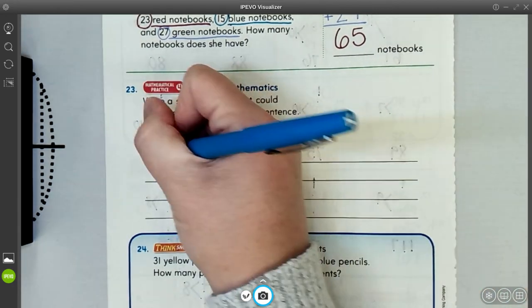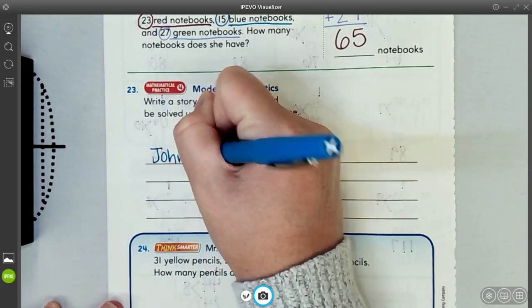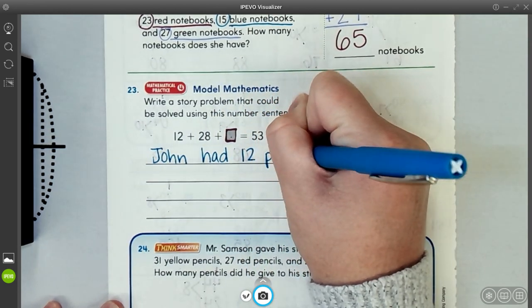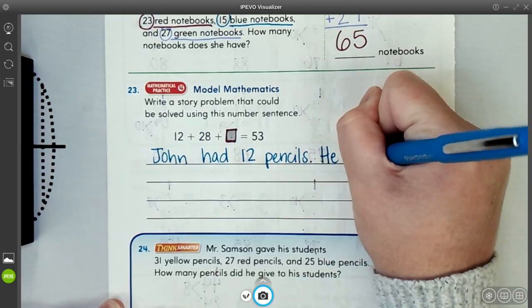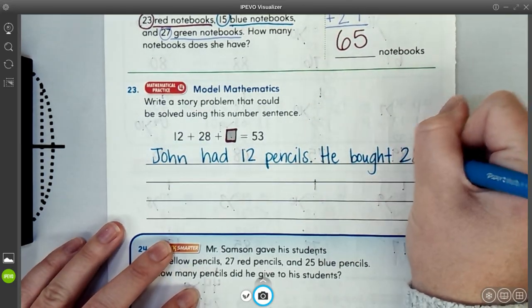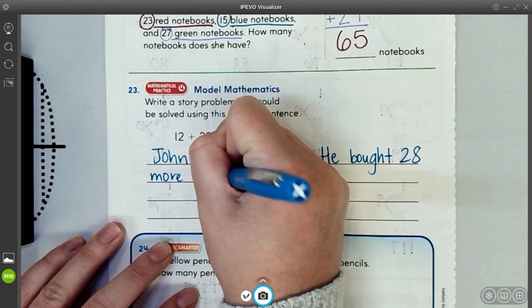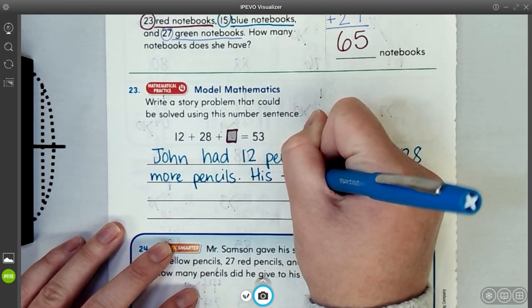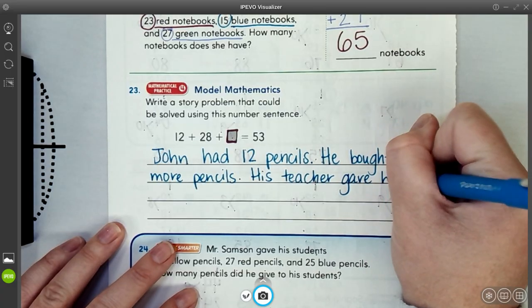So I'm going to say that John had 12 pencils. He bought 28 more pencils. His teacher gave him some more pencils.